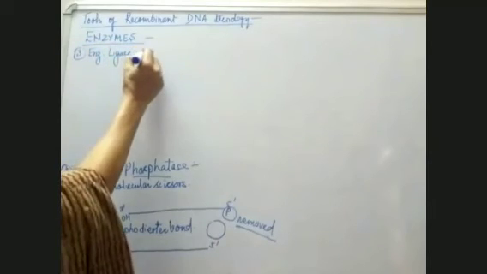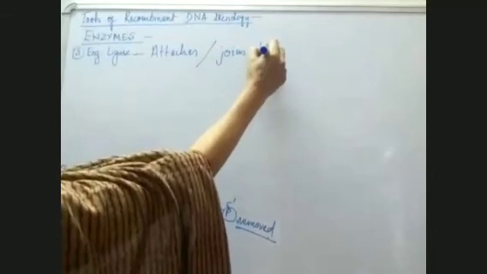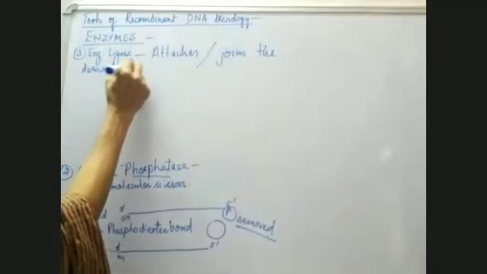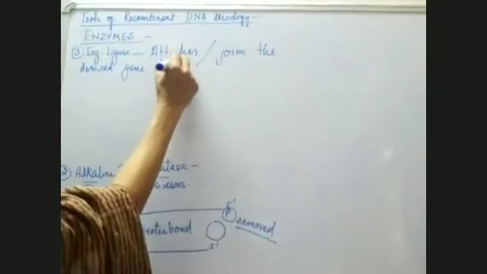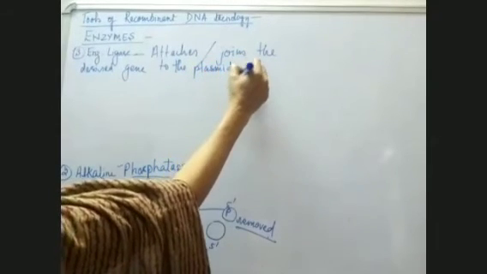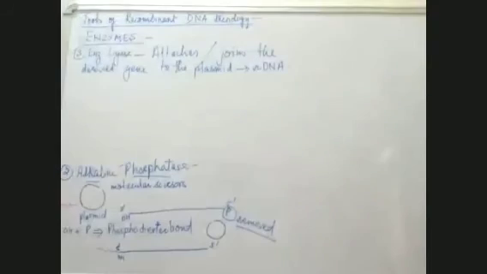So this is the enzyme which attaches or joins the desired gene to the plasmid, which results in the formation of rDNA. This is the enzyme which is of great importance so that the desired gene is attached to the plasmid. Now this was the next enzyme, the third enzyme.